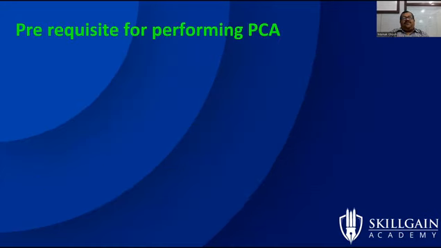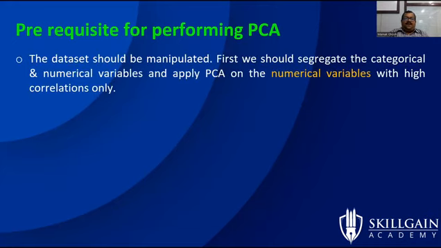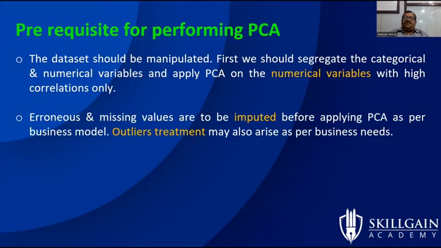Now, what are the prerequisites of performing PCA on the dataset? The dataset should be manipulated. First, we should segregate the dataset into numerical and categorical variables and apply PCA on the numerical variables only. Erroneous and missing values are to be imputed before applying this technique.